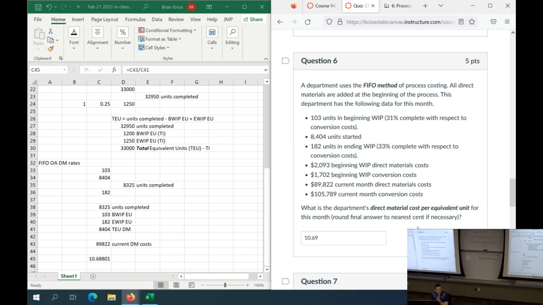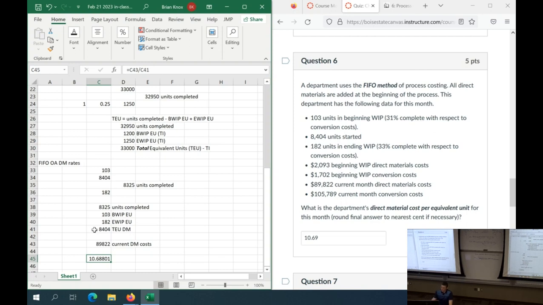All right, any cells you want to see on that again? We would need to use the total equivalent units with respect to conversion cost as the denominator, but yes, the numerator is right there.